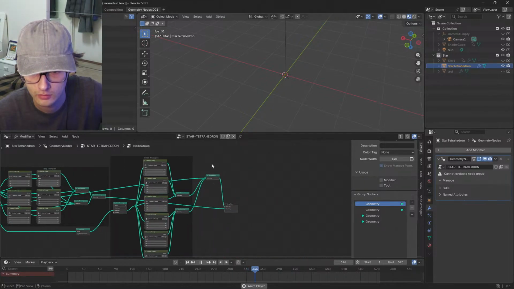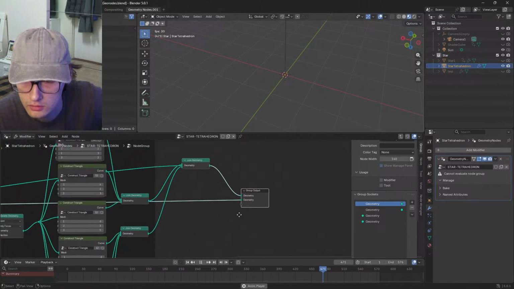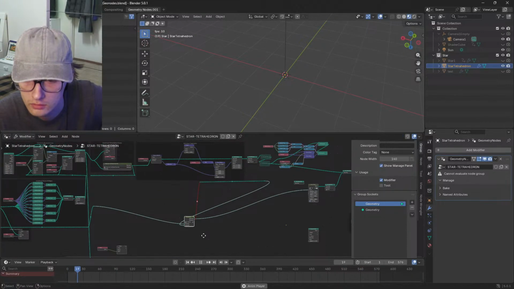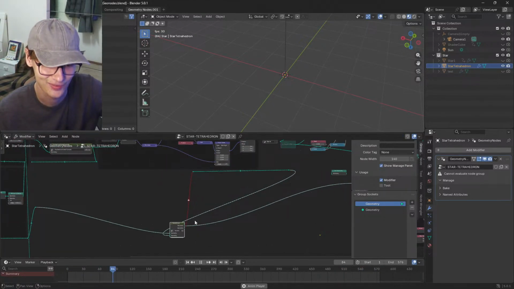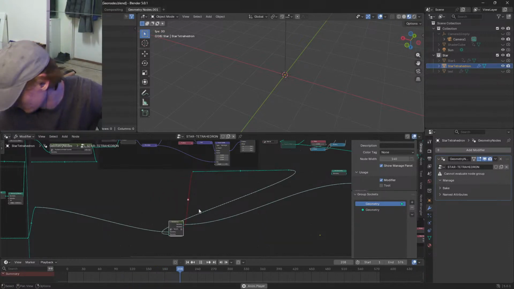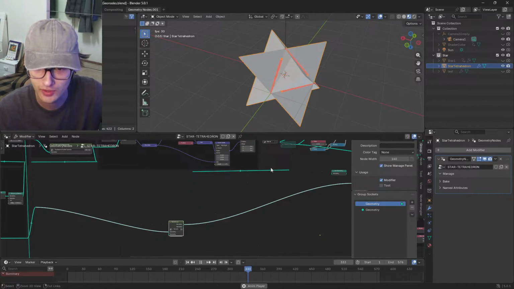Beautiful. Wait, why are there two outputs? Whoa. What? What is this? Did I accidentally make a loop? That's weird.